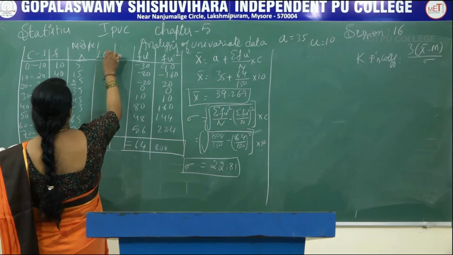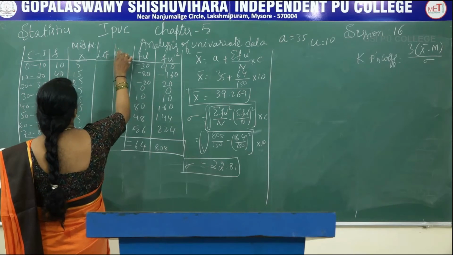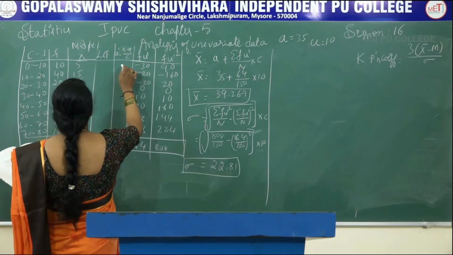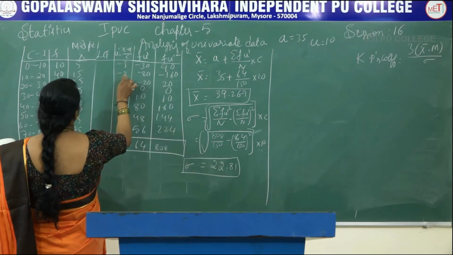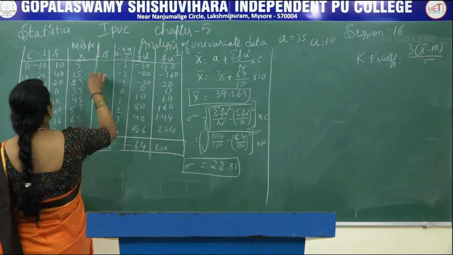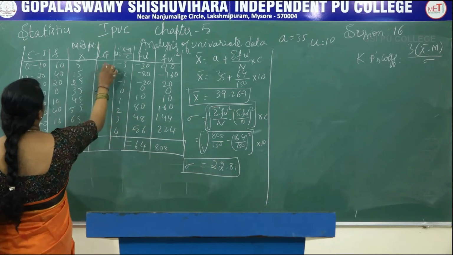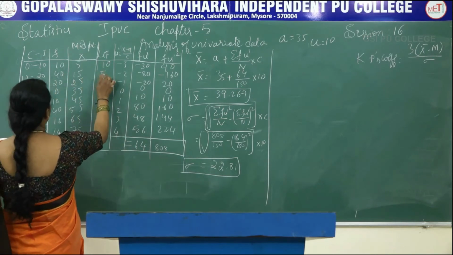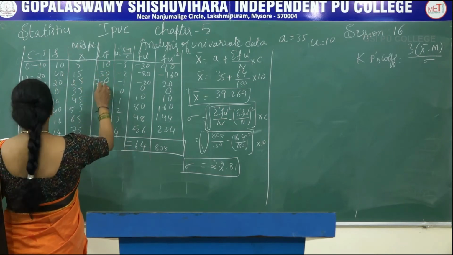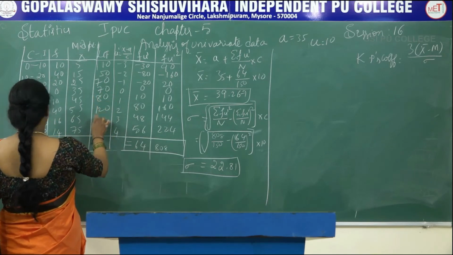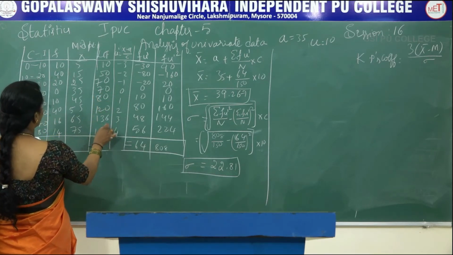This is the LCF. u dash is equal to (x minus a) by c, that is minus 3, minus 2, minus 1, 0, 1, 2, 3, 4. You know how to find the LCF. The first frequency will remain the same, and you add it to the second frequency. It will be 50, 70, 70, 80, 120, 136 and 150.